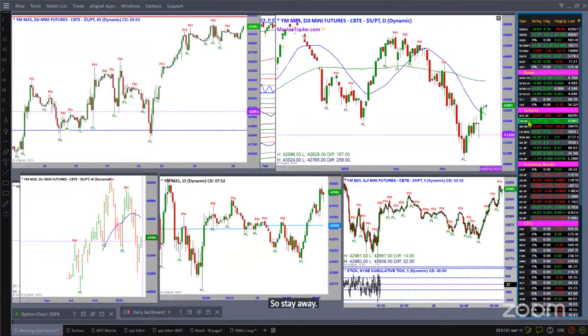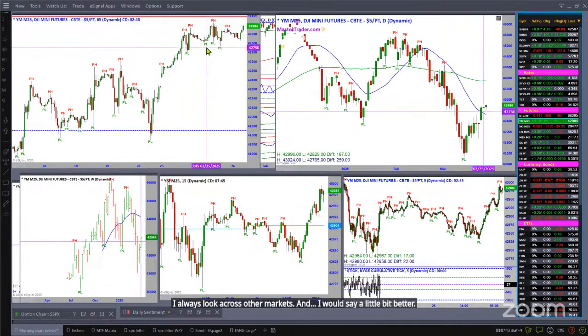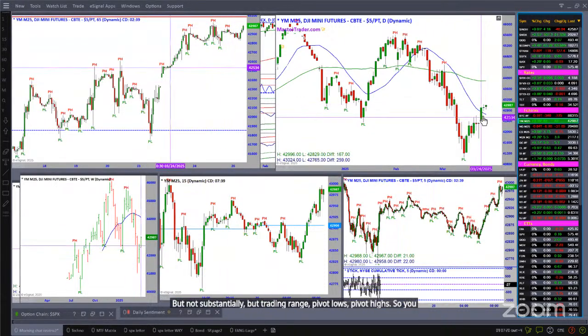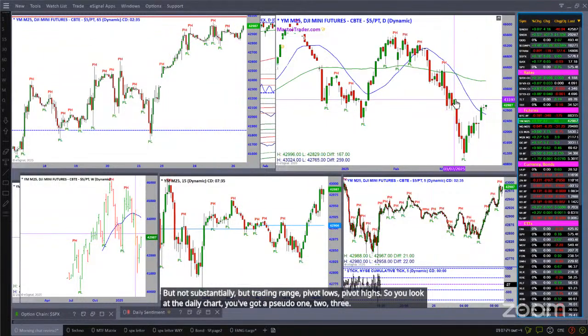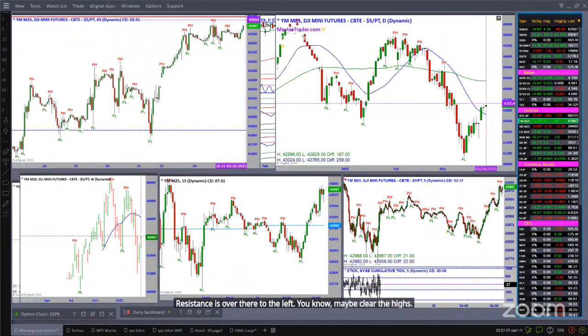Always look across other markets, and I would say a little bit better, but not substantially. But trading range, pivot lows, pivot highs. So you look at the daily chart, you've got a pseudo 1, 2, 3. Resistance is over there to the left. Maybe clear the highs, we'll see what happens.